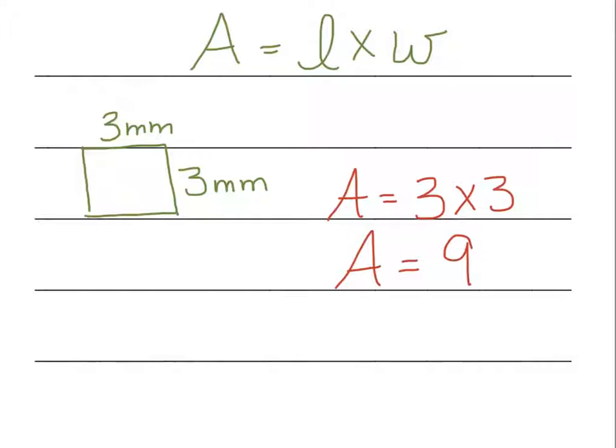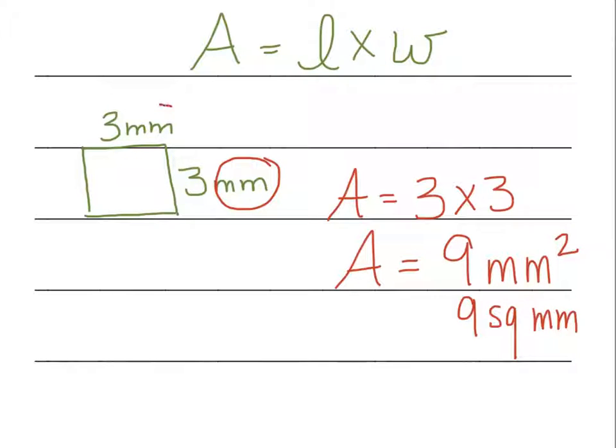What's your label? Go ahead and put it down and then I'll write it and you'll see if you are correct. Hopefully you wrote millimeters squared or 9 square millimeters. Remember, my label will be whatever my label is in the problem, but squared.